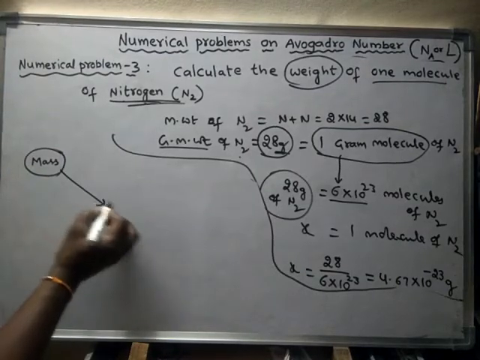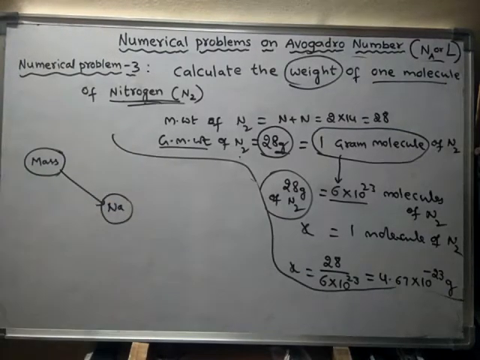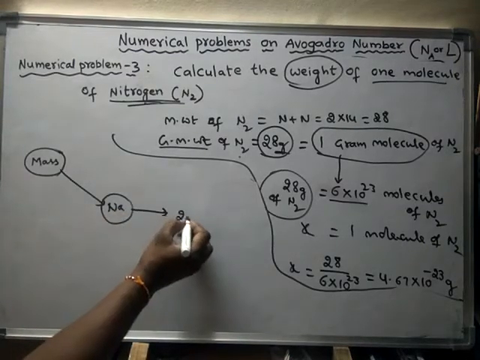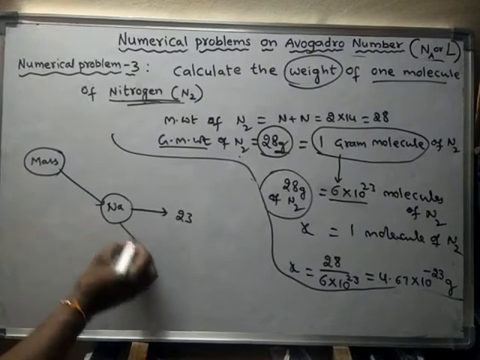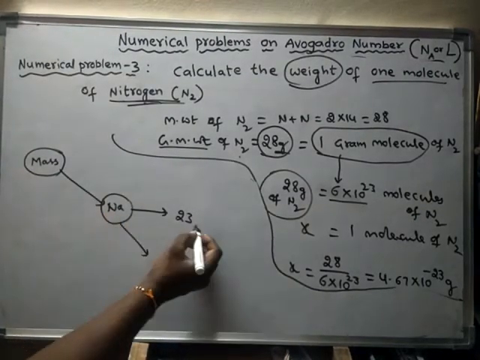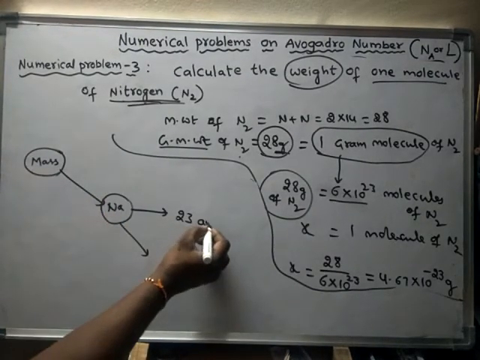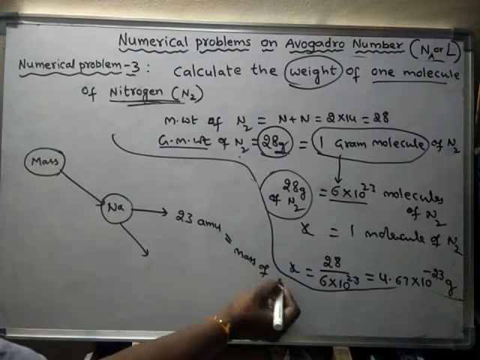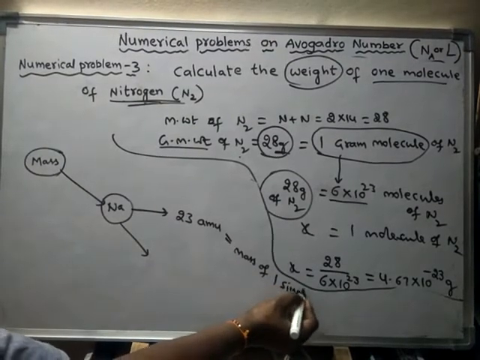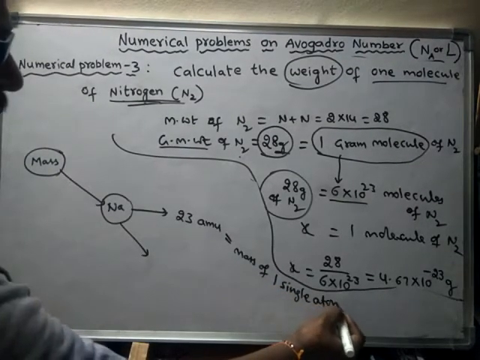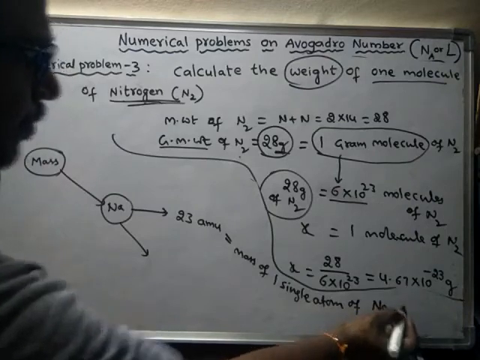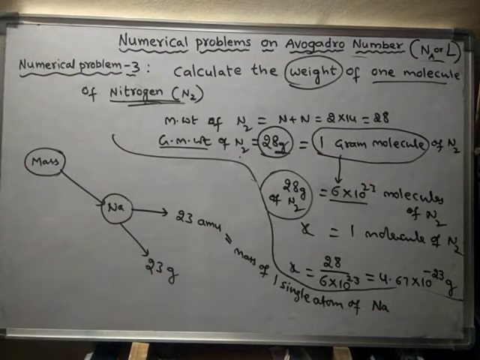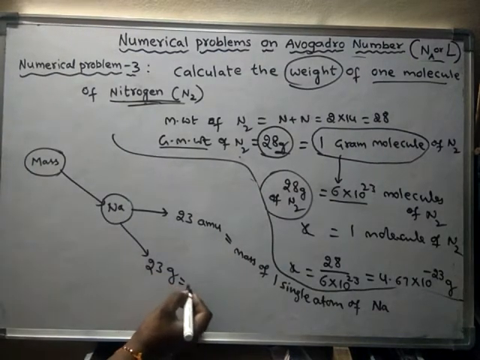For example, mass of sodium. Sodium's atomic mass is 23. If I express its mass in AMU, it indicates the mass of one single atom of sodium. If I write the same value in grams, then it is equal to what?